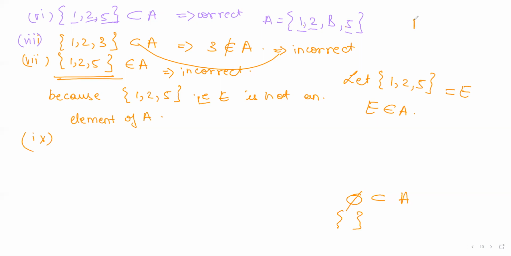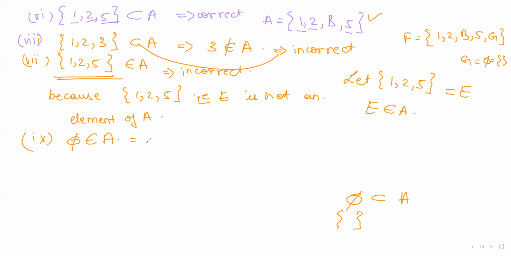If you had something like F is a set, with elements like 1, 2, B, 5 and G, and G is phi or a null set, then you would have said that phi belongs to F. The 9th statement says that phi belongs to A. So phi is not an element of A over here.